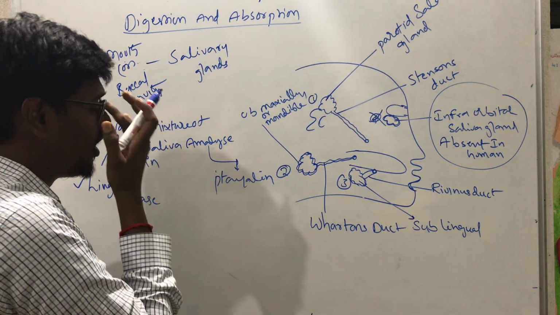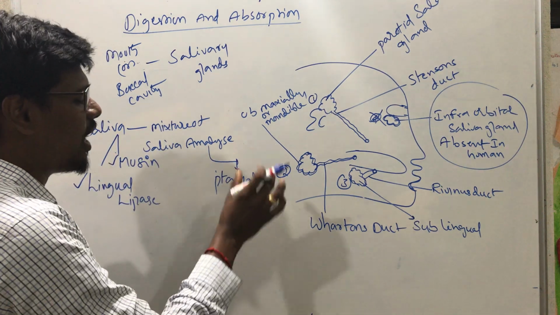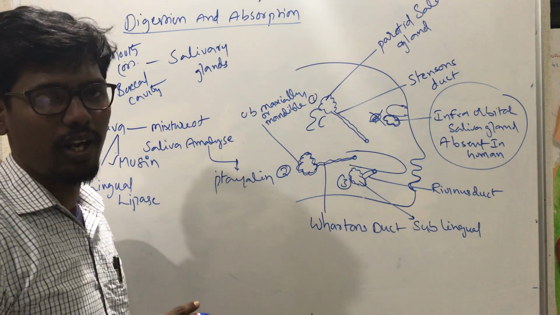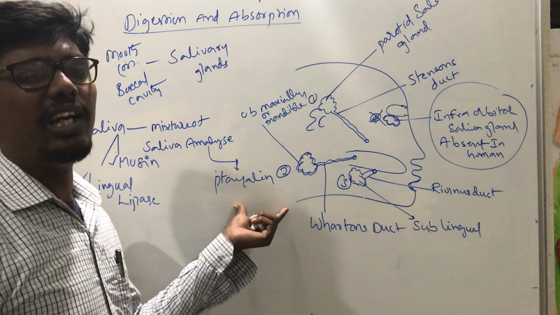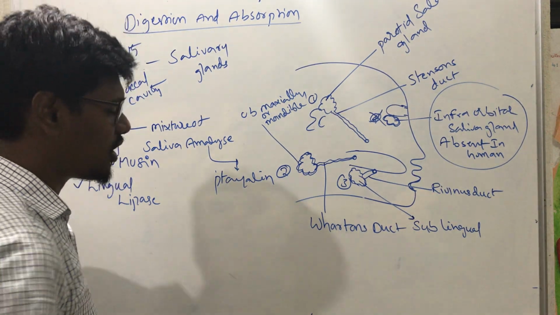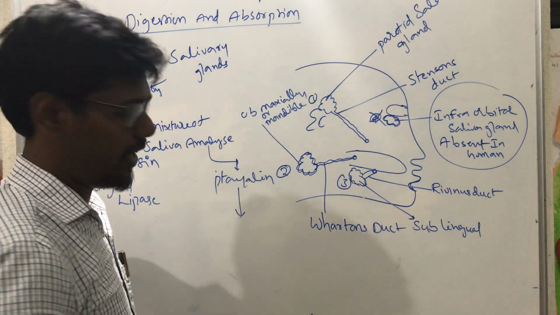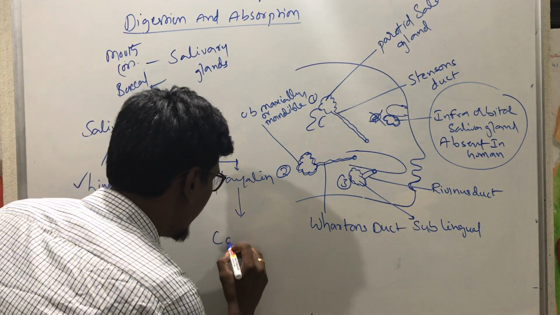Most of the time it is releasing ptyalin, the salivary amylase. The ptyalin enzyme works on carbohydrates.